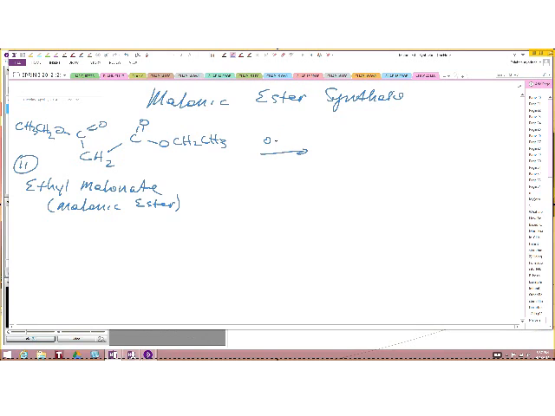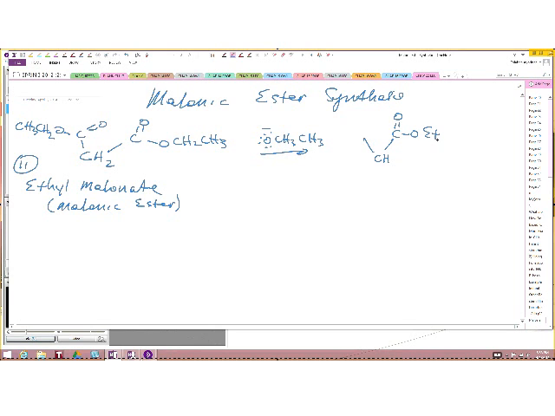So if I take ethoxide. The reason why I want to use ethoxide here is because this ester here is an ethyl ester. If I take that, what do I get? I get this. By the way, I will represent the ethyl group as Et.